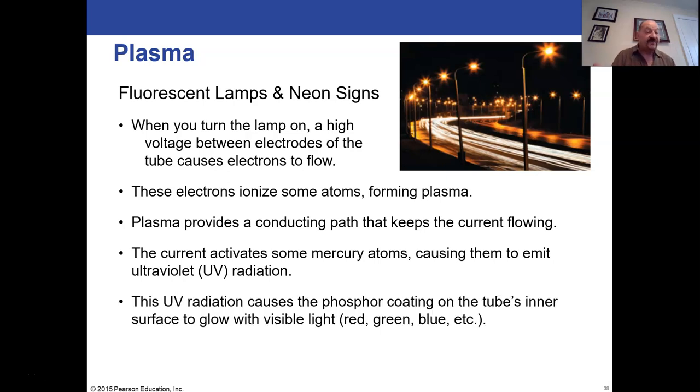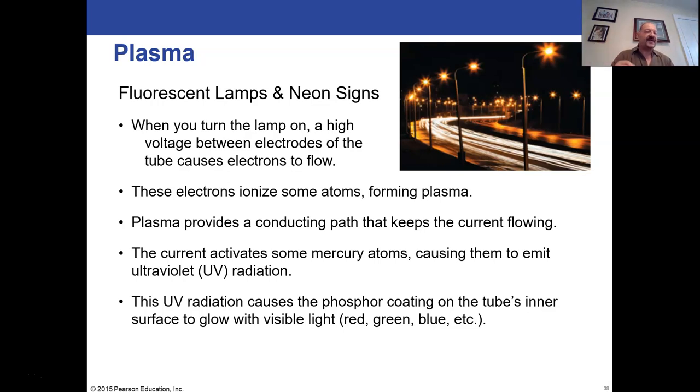We can't see UV light, but UV light can interact with something that we put in the lamps called phosphors. There are a lot of different ionic compounds, salt type compounds that act as phosphors. A phosphor is a substance that, when it's hit with one wavelength of light, will generate another wavelength of light.